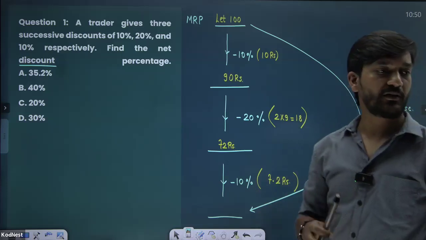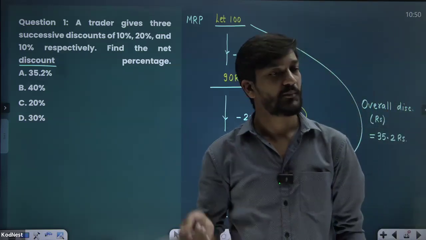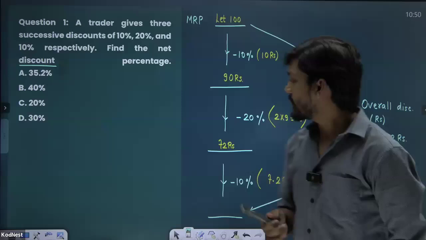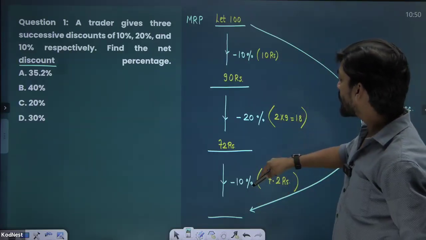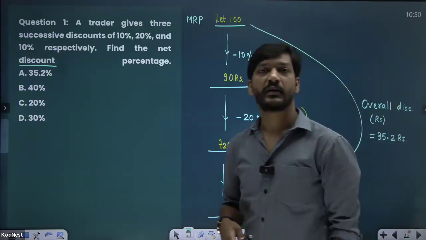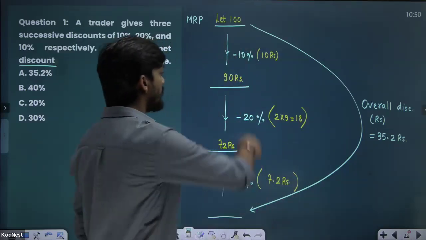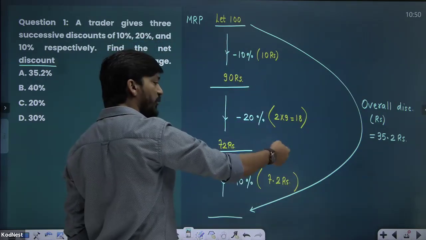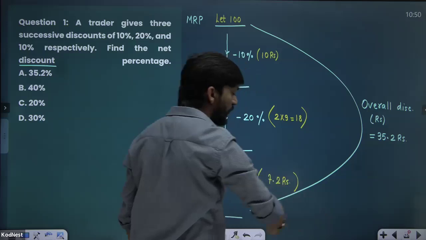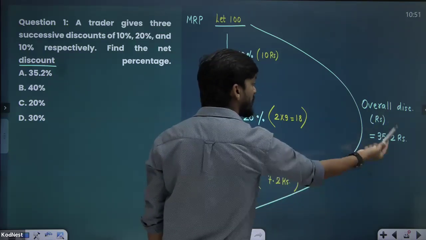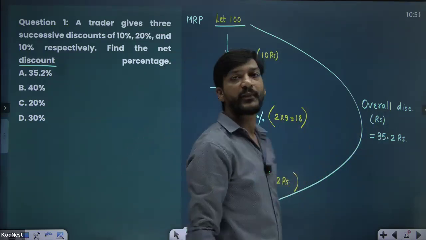Is it the same situation? Yes, because overall discount is same. So don't think, sir, three discounts are more than one discount. No. Here the overall discount is 35.2. Here also I have taken the overall discount 35.2. So this and this are same only.